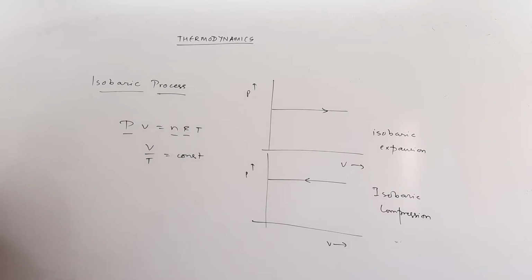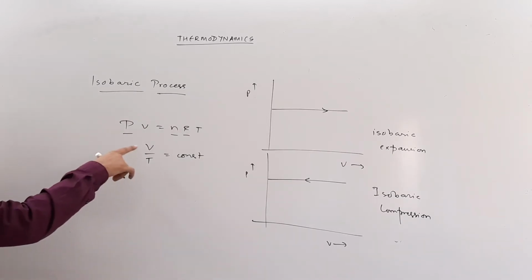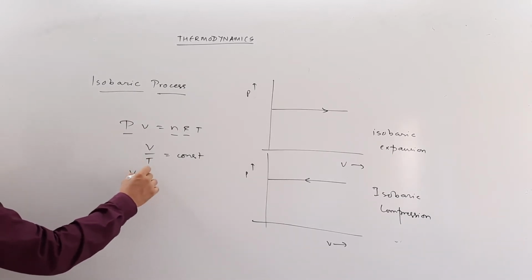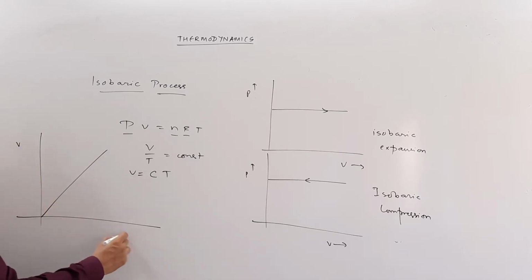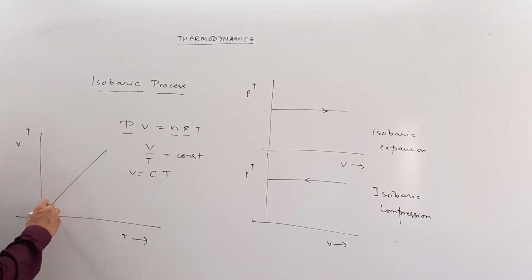Now let's try to draw the VT graphs. We have just seen that V by T is a constant, so V is equal to some constant times T. That is what we can write. The VT graph is going to be something like this, with V and T. So along with temperature, the volume expands linearly, and the slope of this graph is the constant V by T. Let's see some other graphs.